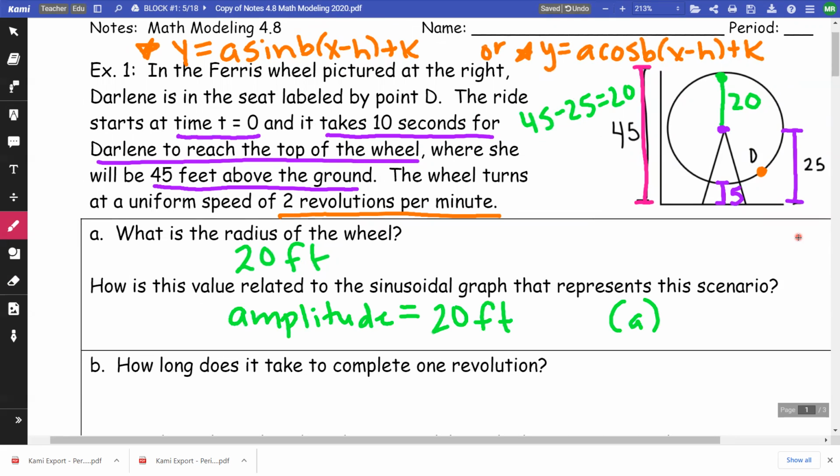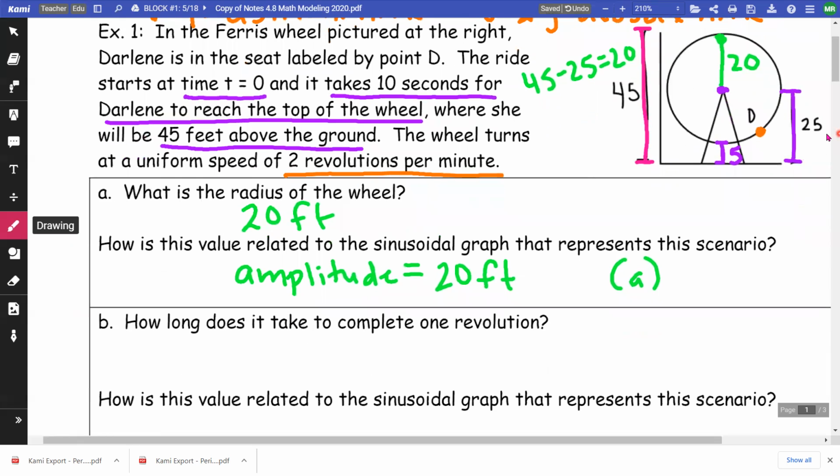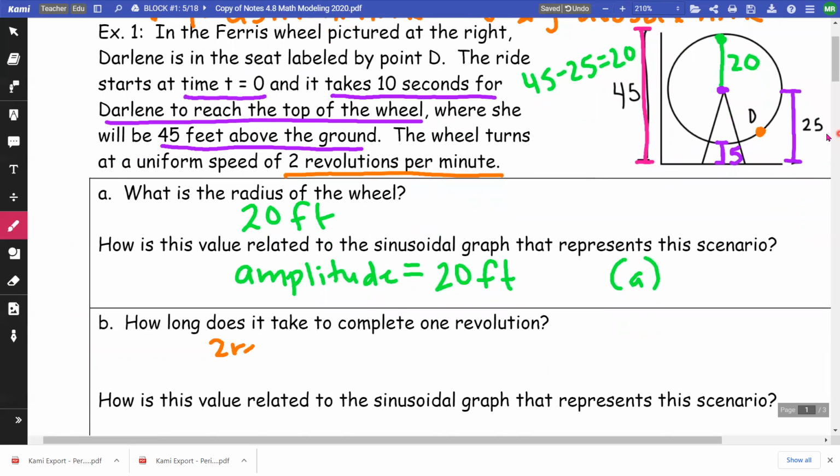Then it says, how long does it take to complete 1 revolution? So we know 2 revolutions is 1 minute. So 2 revs is 1 minute or 60 seconds. If I reduce that, I can divide both top and bottom by 2.